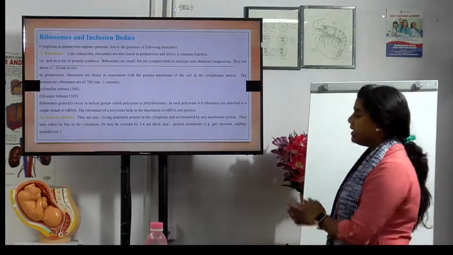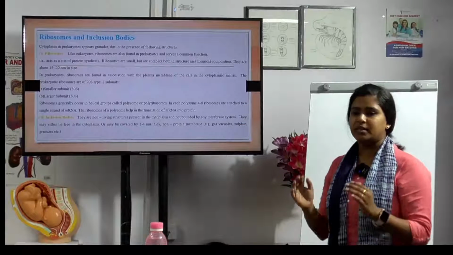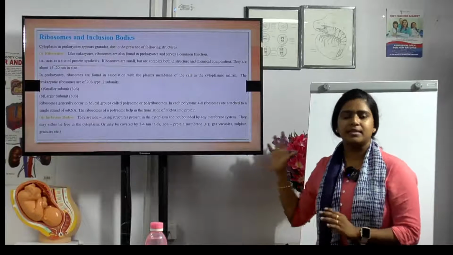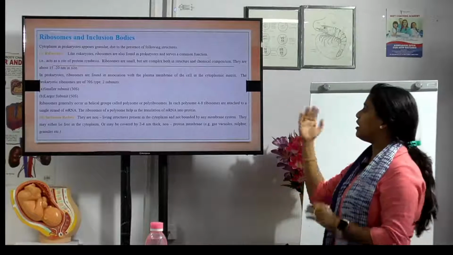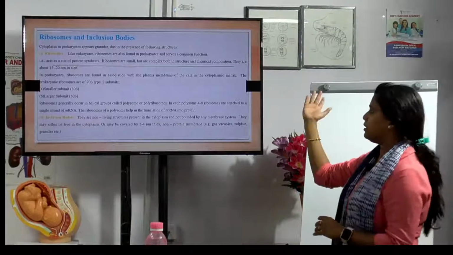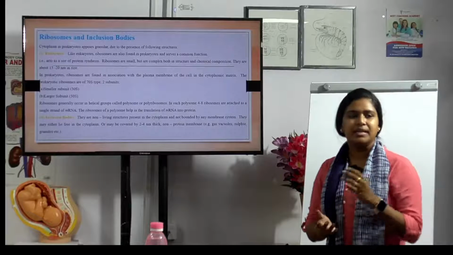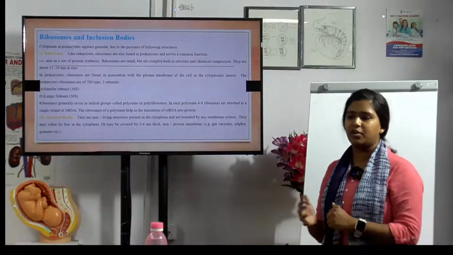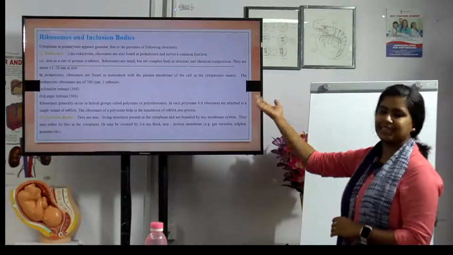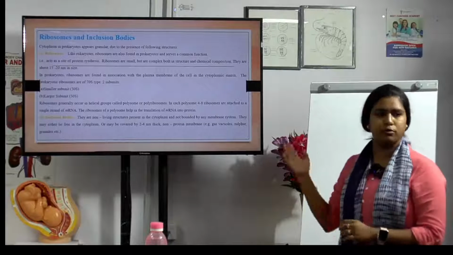Cytoplasm is dense. Why is this cytoplasm granular? Granular means small and scattered. Due to the presence of ribosomes and inclusion bodies, this cytoplasm is granular in structure. Ribosomes act as a site for protein synthesis. So protein synthesis happens in ribosomes.